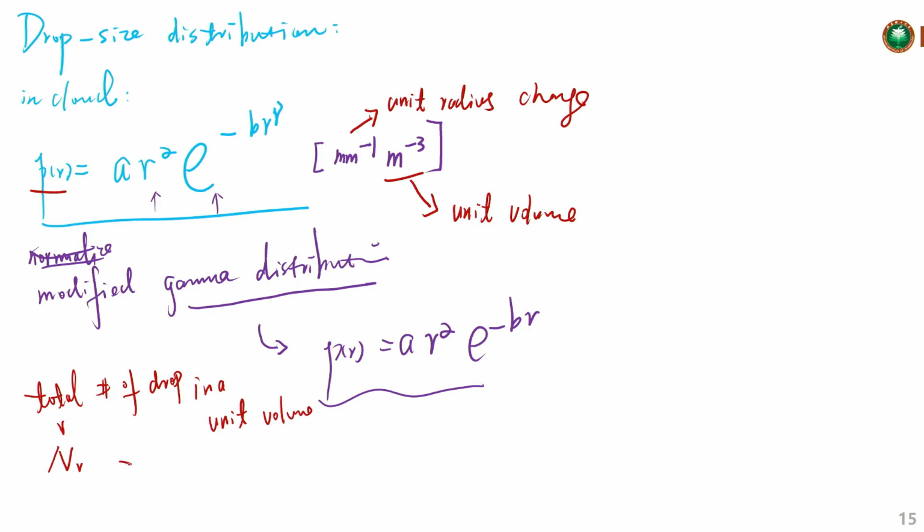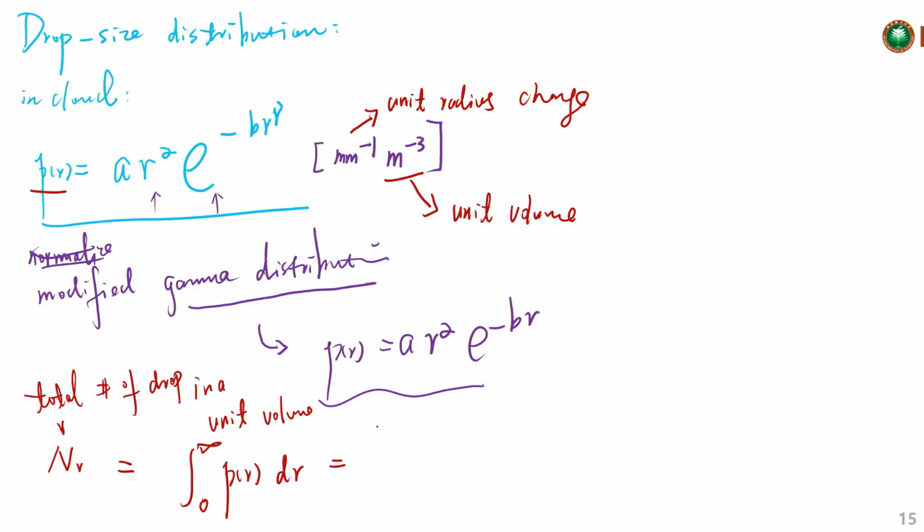So that means we should take the integration of the drop size distribution with the radius, from 0 to infinity. It contains all of the drop numbers.